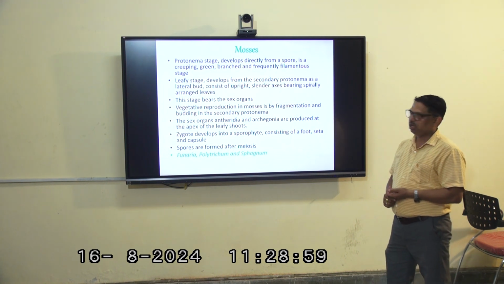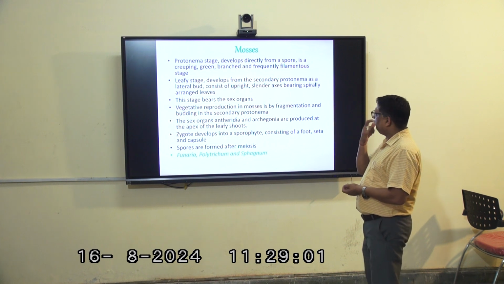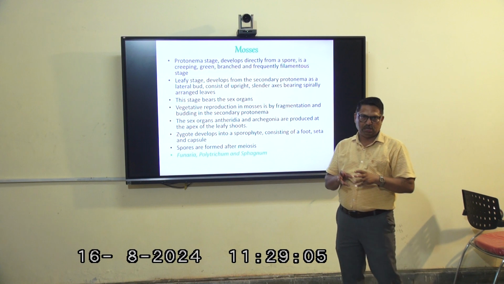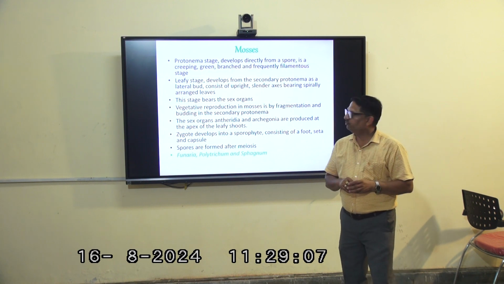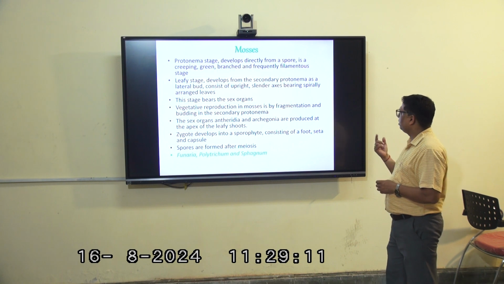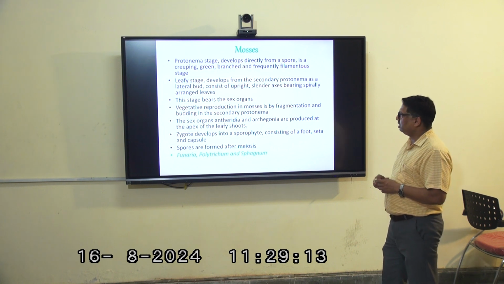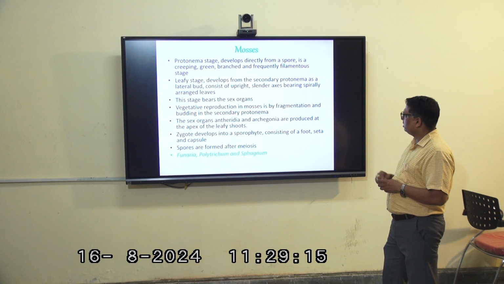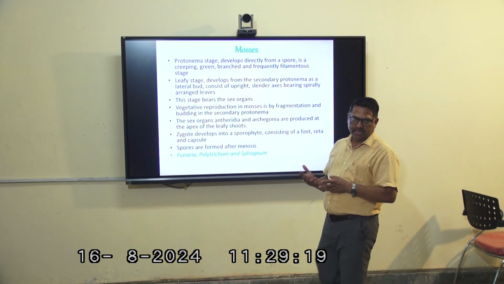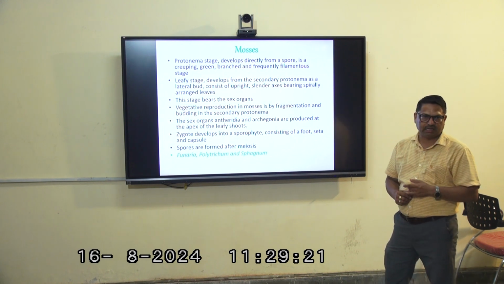Likewise, in mosses, the protonema stage develops directly from a spore. It is a green and frequently filamentous stage. This is the most common difference between the moss and the liverwort. Secondly, a leafy stage develops from the secondary protonema as a lateral bud, and consists of an upright, slender axis bearing spirally arranged leaves. This is another characteristic feature.